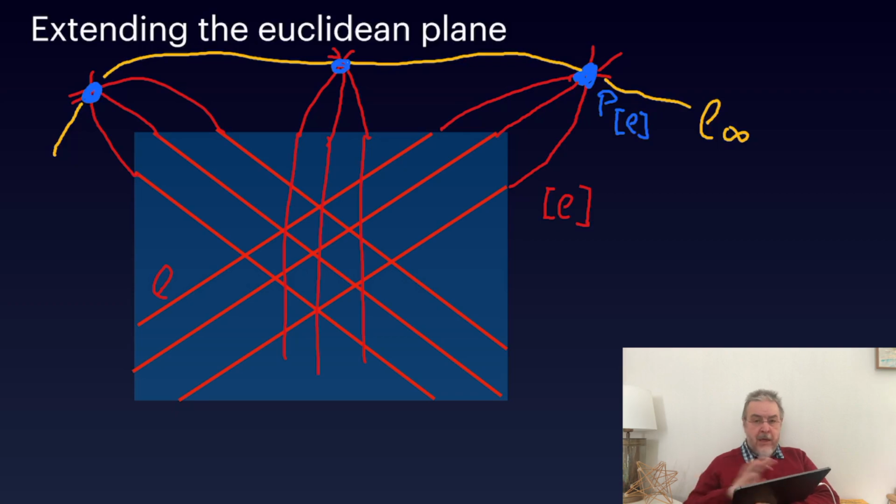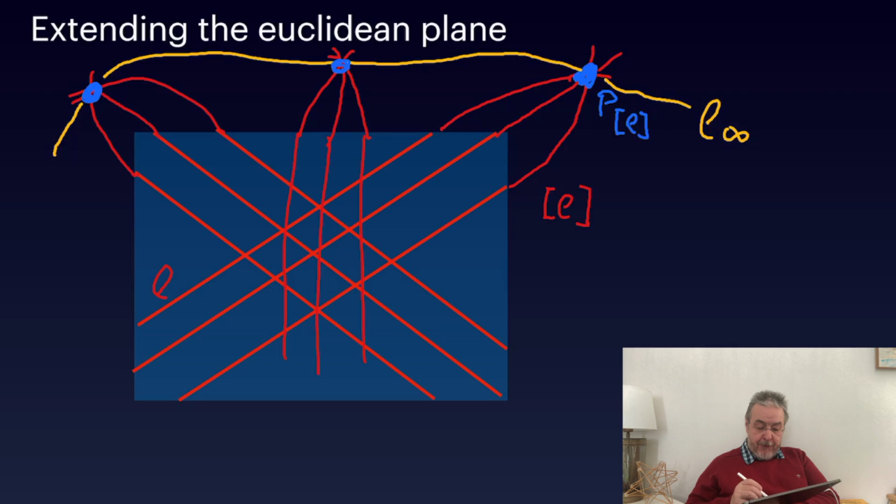So axiom 3, this thing here is rich enough. There are many points that satisfy axiom 3, so I don't want to talk about that. But axiom 1, any two points have a line that join them.